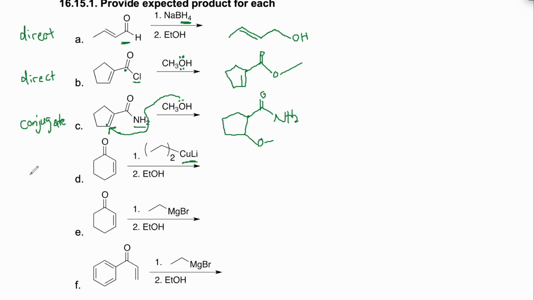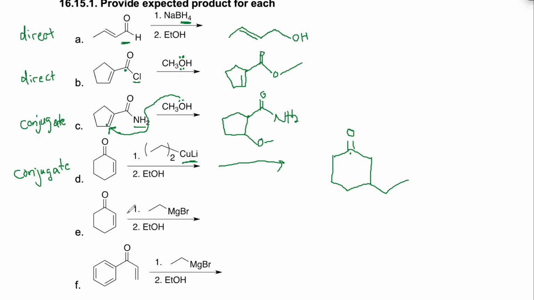Remember, the copper reagents are more likely to do a conjugate addition as well. I'm going to draw the product over here. So instead of adding to that carbonyl carbon, it's going to stay there, and we're going to be adding to the beta carbon. So we have these two carbons added over here instead of over here.